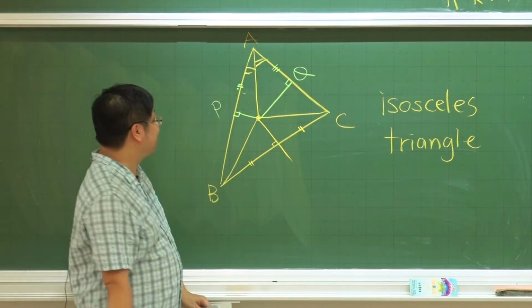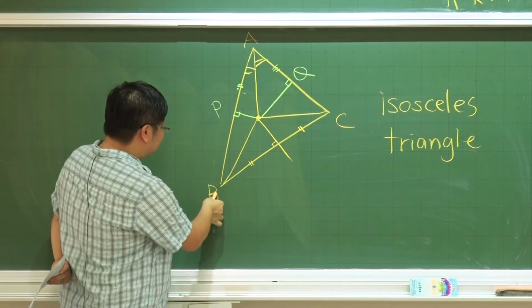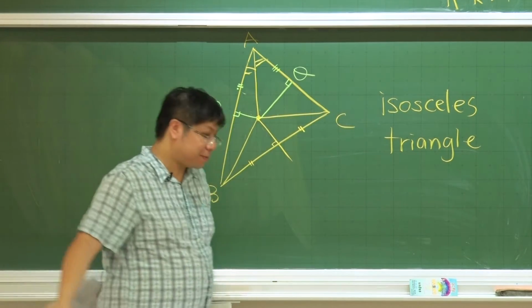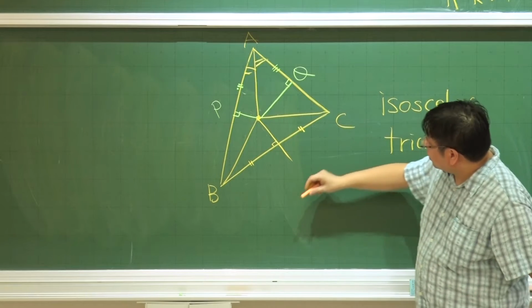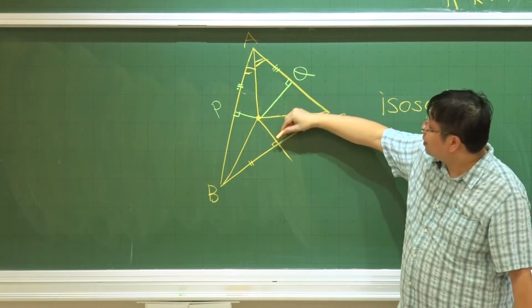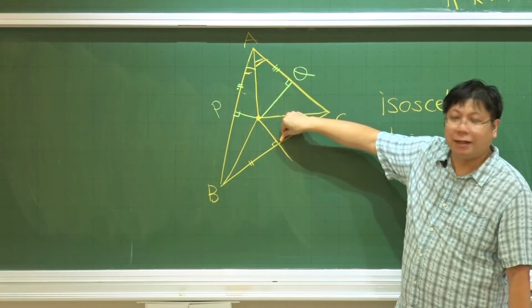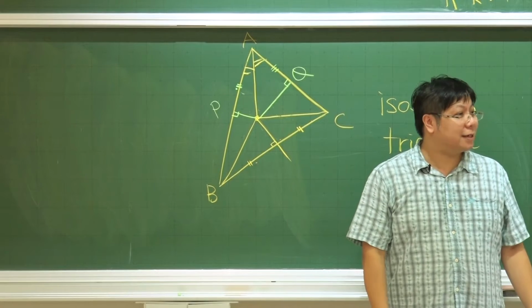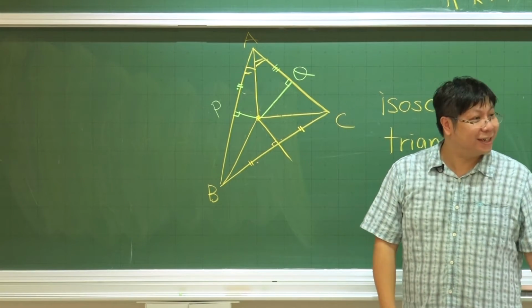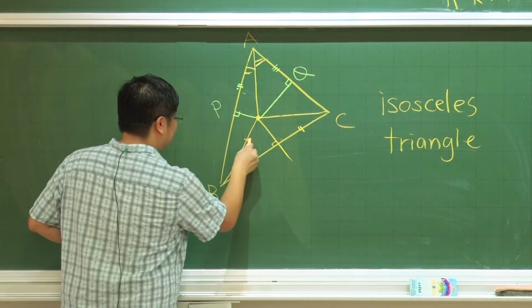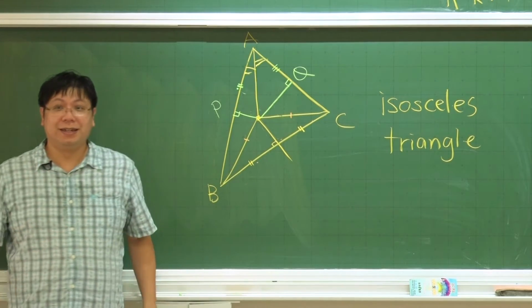Now next, let's look at this triangle and this triangle. They have this side in common, a right angle here, and this side in common. So this time it is SAS. That means that this line and this line are the same.